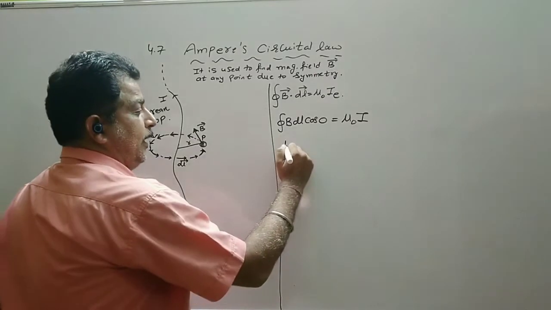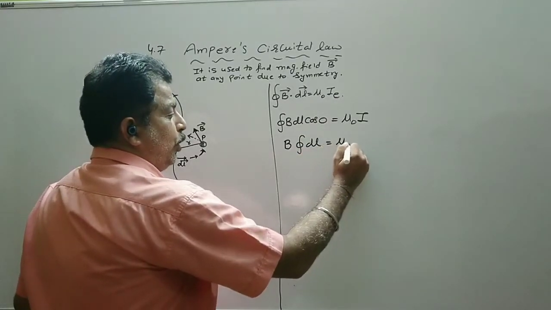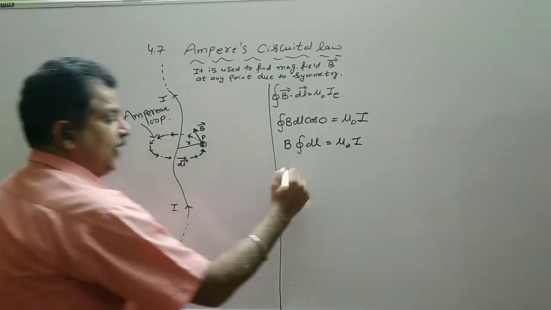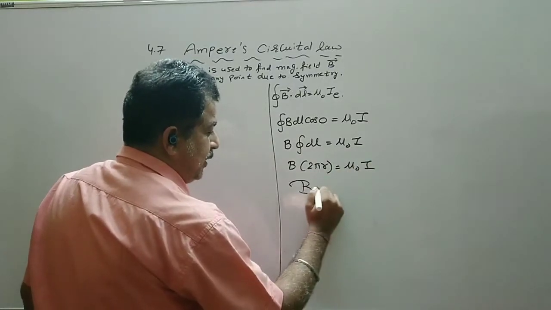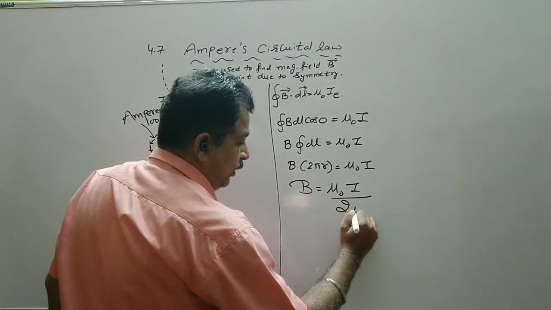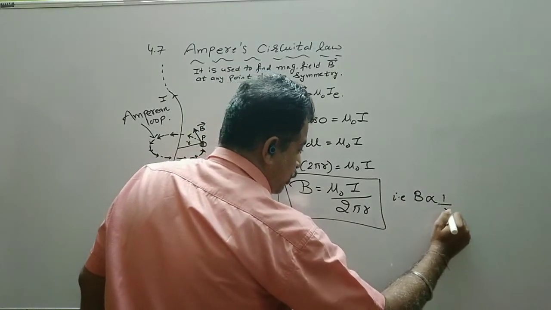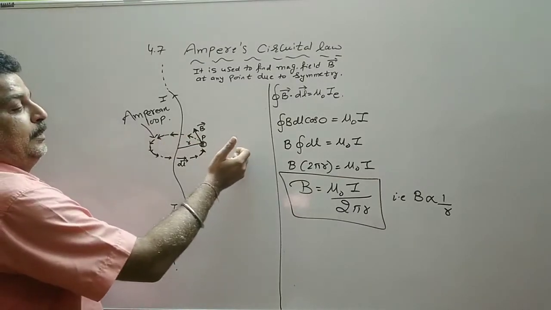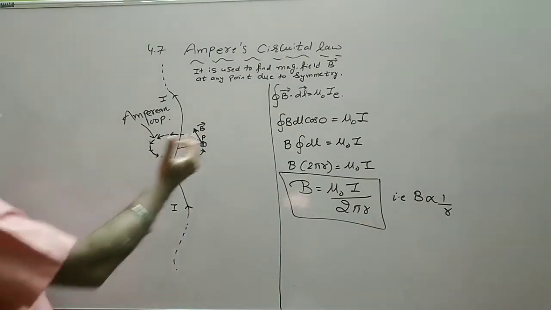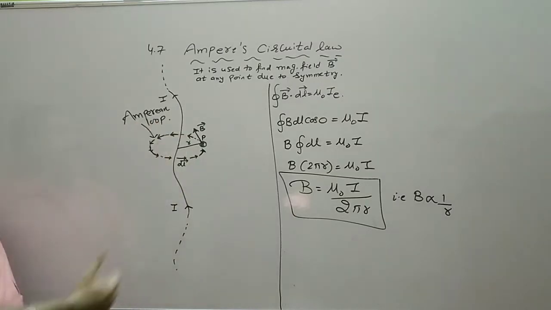because the angle will become 180 degrees. Now this can be written as B is a constant, line integration of dl, that is equal to mu naught I. So dl summed up, if R is the radius, becomes 2 pi R, equal to mu naught I. So B is equal to mu naught I upon 2 pi R. That is, B is inversely proportional to R. As you move away from this wire, the magnetic field intensity will decrease because it is inversely proportional, and if we come near to it, the intensity will increase.